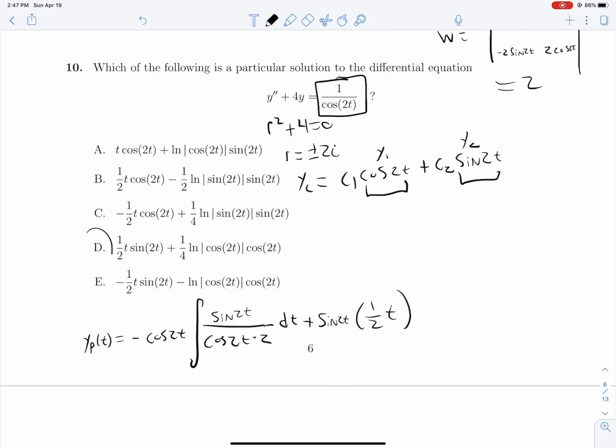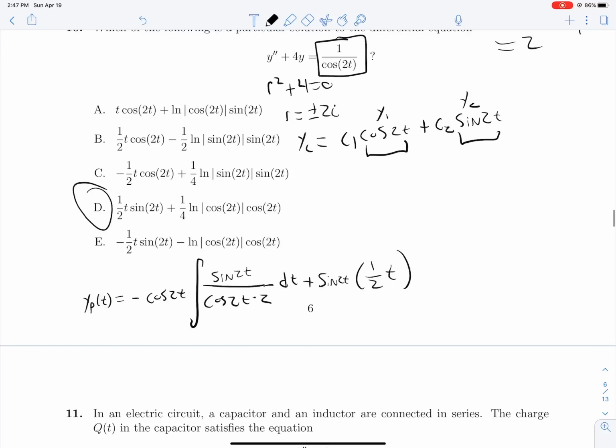And at this point we actually already know our answer because that's the only one that agrees with that term there. But we can do our u substitution over here and get the entire answer. So if we set u to be cosine of 2t, du is equal to negative 2 sine 2t.